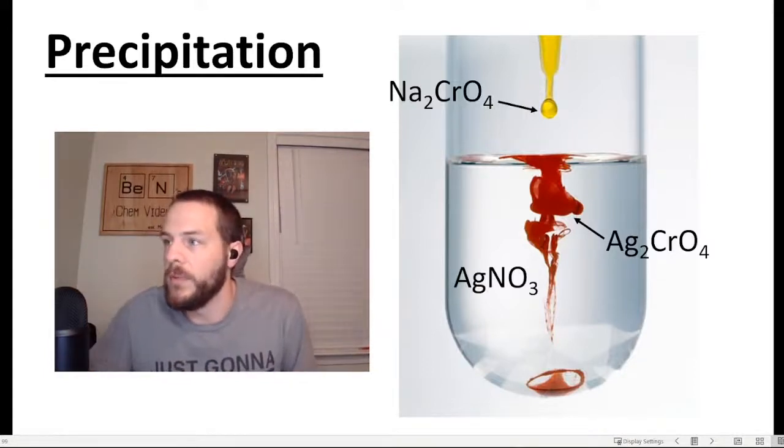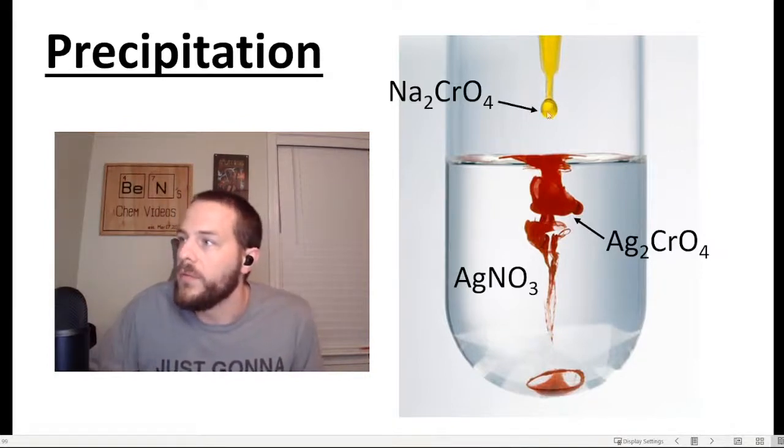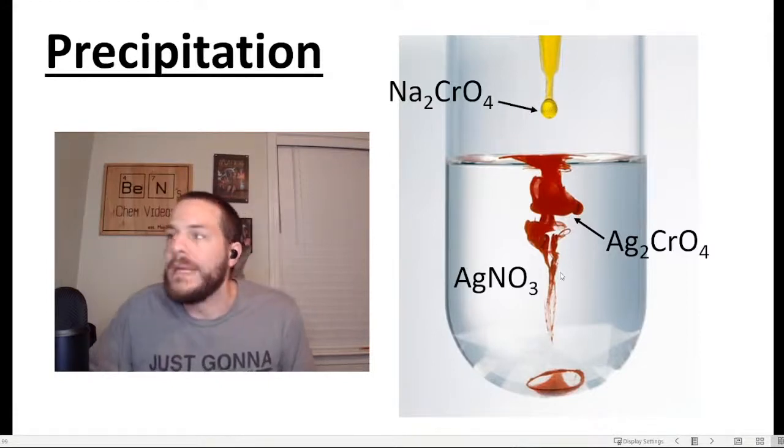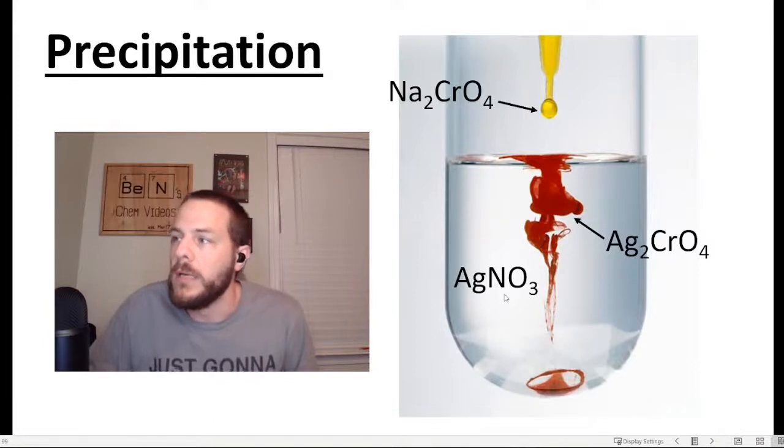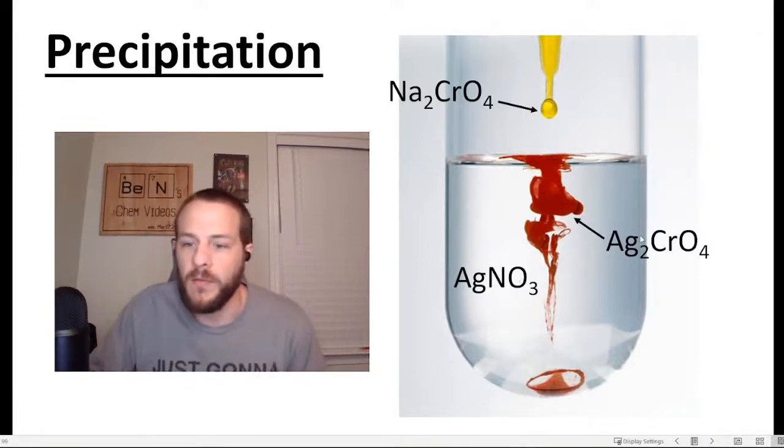This is an example of a precipitation reaction where we've got aqueous sodium chromate being added to an aqueous solution of silver nitrate. One of the possible products of that reaction is silver chromate.